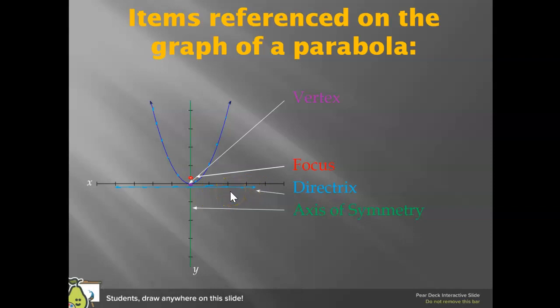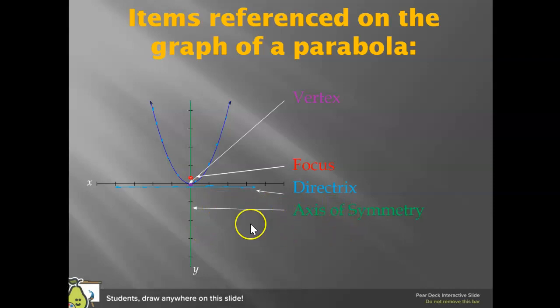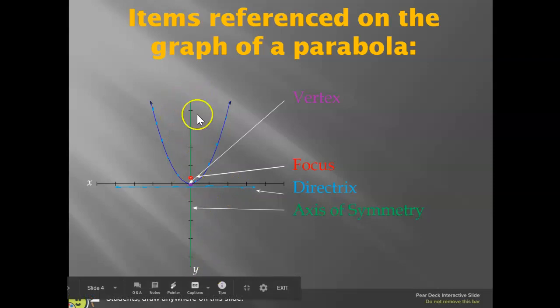It's not actually part of the graph, so you want it to be a dashed line, like the axis of symmetry. You guys have worked with the axis of symmetry before. An interesting thing about the axis of symmetry is that the axis of symmetry and the directrix are perpendicular to one another. All right, so if the directrix is horizontal, the axis of symmetry is going to be vertical.